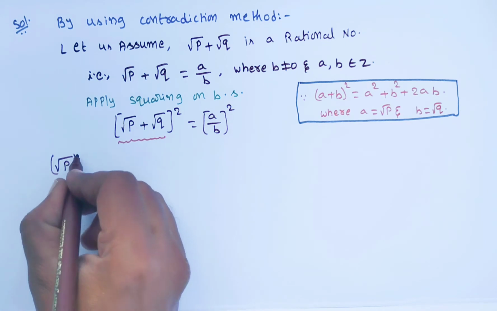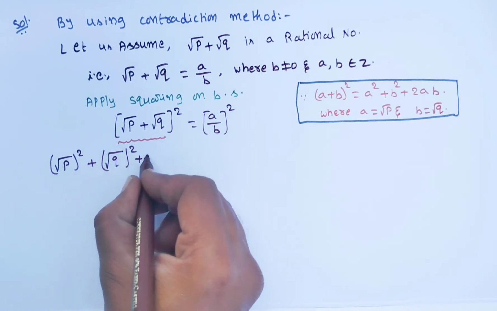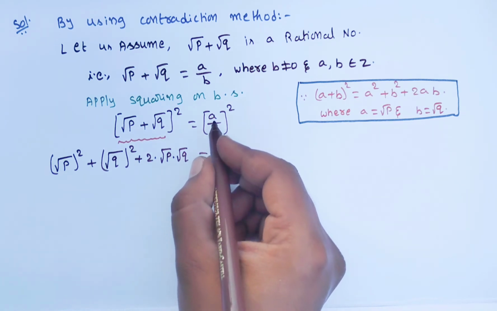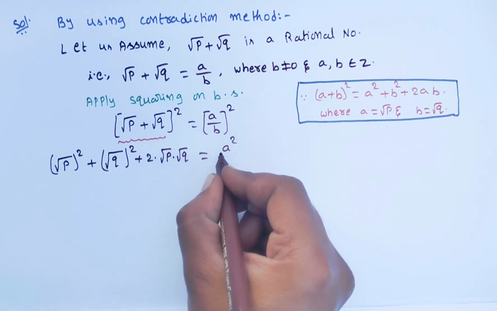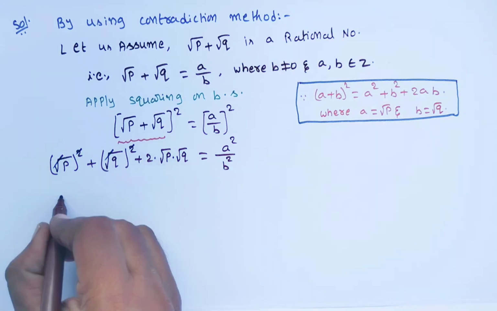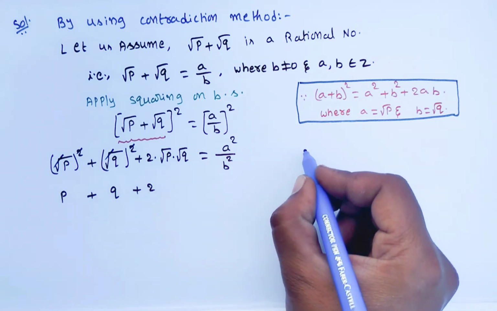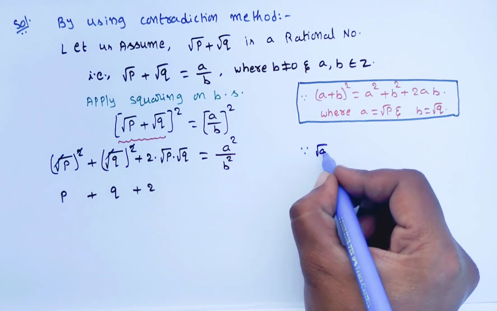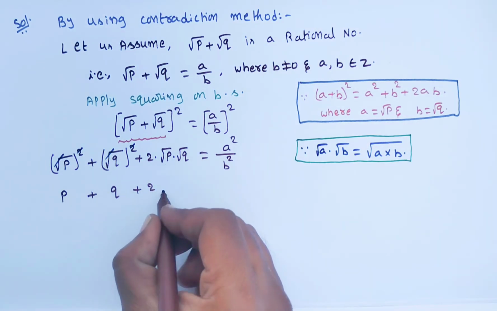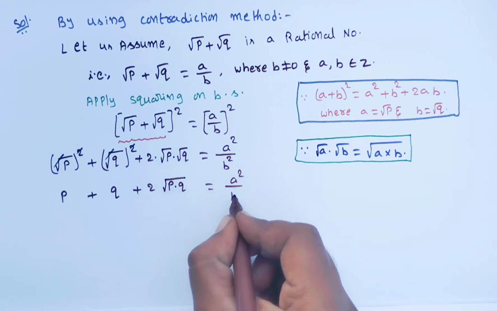So root p whole squared plus root q whole squared plus 2 into root p into root q equals a squared by b squared. The square and square root cancel, giving p plus q plus 2 root p into root q, and root a into root b equals root of a into b, so root p into root q is root of pq.